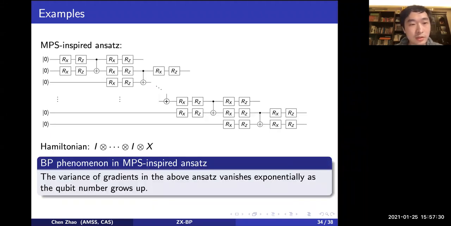Also, we consider the MPS-inspired ansatz, and with respect to this Hamiltonian, there exists the BP phenomenon in the MPS-inspired ansatz, that the variance of the gradient will vanish exponentially as the qubit number grows.